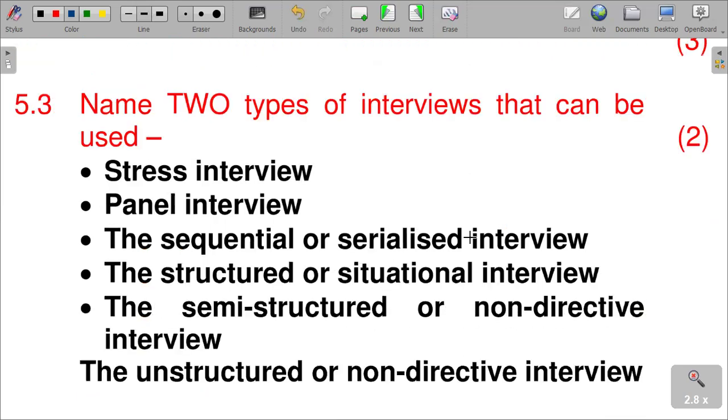Name two types of interviews that can be used. I'm saying here you should just choose any of these. I'm giving many of them for revision's sake, but in the exam it wants two.